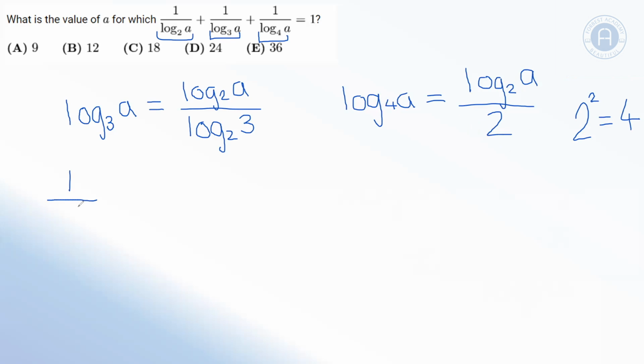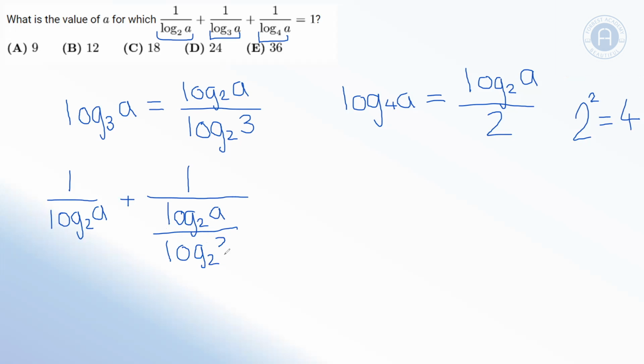So we've got 1 over log base 2 of A plus, now here we're going to have a fraction within a fraction. We'll deal with these in a second, but I'm just going to write them out as they are for now. So 1 over log 2 of A over log 2 of 3 plus 1 over log 2 of A over 2.